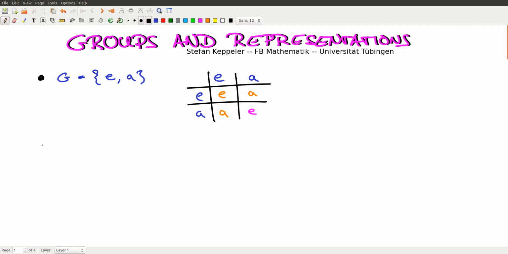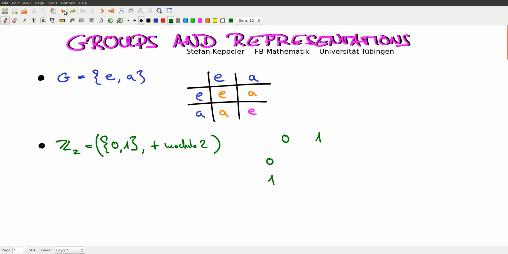Of course it can come in many different guises. Think for example of Z2. That would be the set, it's just the numbers 0 and 1, and the operation would be addition modulo 2. Now what's the group table in this case? 0, 1, 0, 1.